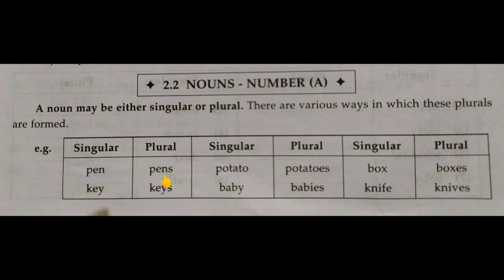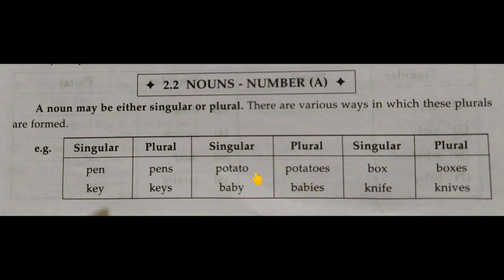You can see here only es is added to the singular noun to convert it into plural. Here also only s is added. But in the case of potato and baby, only s is not added. So there is a different process for every noun to convert it into plural noun.